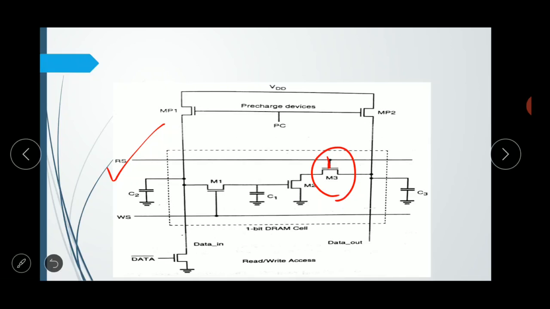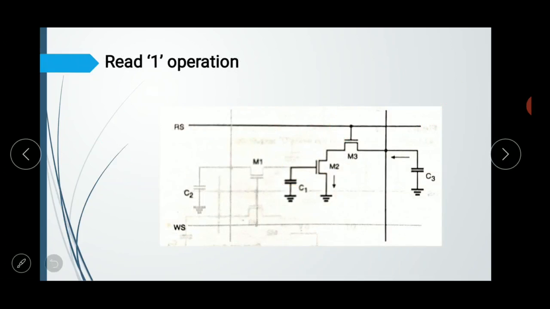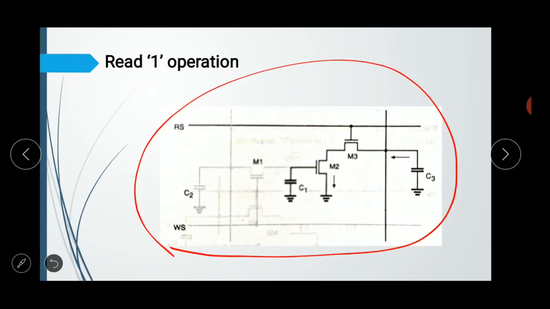And in the previous operation, during write 1, C1 has high voltage. Because of the high voltage, M2 is also turned on, because C1 is connected to the gate of M2. So this is the diagram for the read 1 operation.